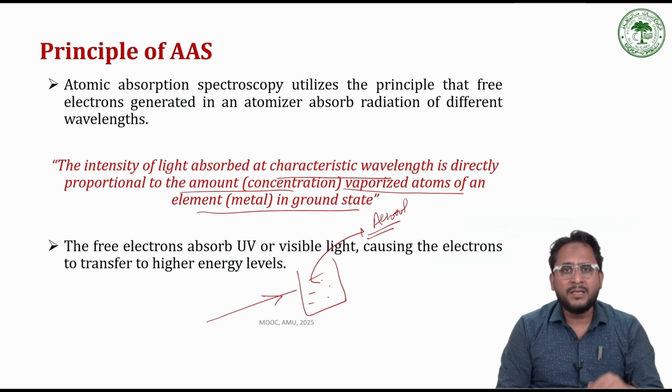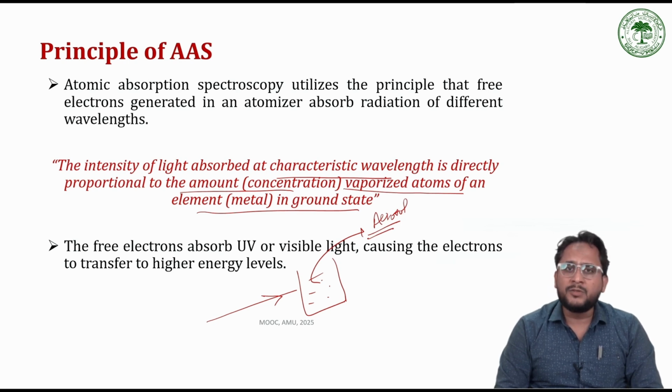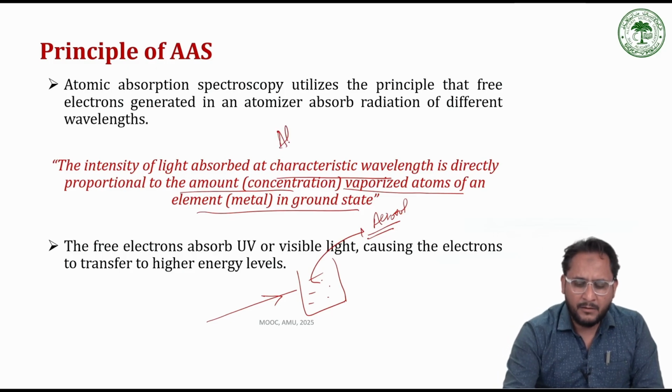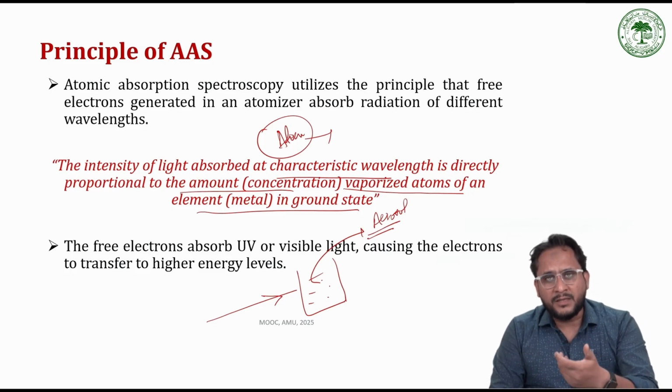Because if we directly use an aqueous sample, it would be difficult to convert the sample into individual atoms. And since the technique is based upon the analysis of individual atoms rather than whole compounds, we need to first of all atomize the sample.